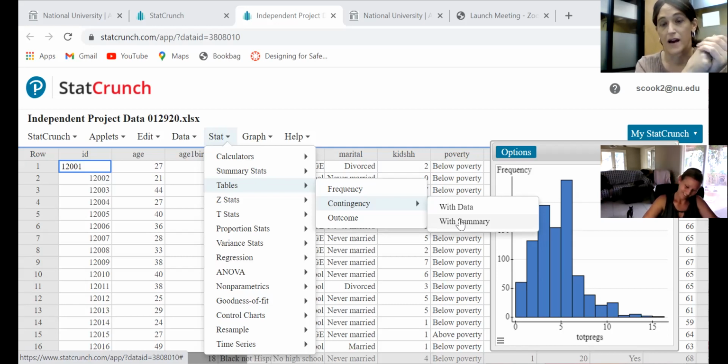There are a lot of online stats calculators. I don't know if any of you have stumbled on these, but if you were just to Google chi-square test calculator or 2x2 table calculator, there's a lot of online calculators for doing quick and dirty stats work like that. And actually, you'll find that some of them might be a little easier to use than the way that StatCrunch wants you to enter the data.